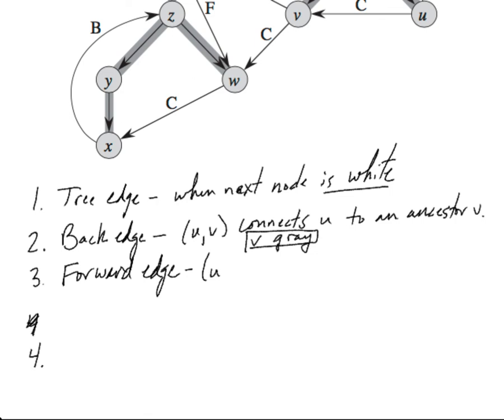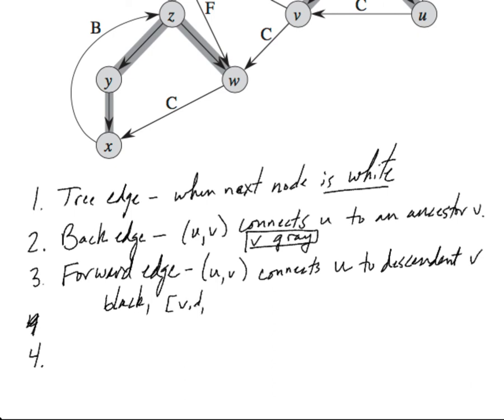So UV connects U to a descendant V. And the way we can tell it's a descendant is the node will be black and V dot D and V dot F will be contained in U dot D and U dot F.